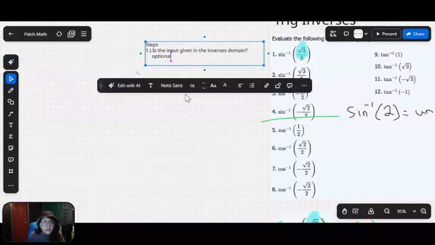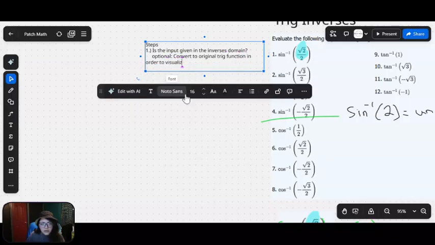If you have trouble thinking in reverse like I do, we can think in the original trig function. So we can convert to the original trig function in order to visualize better.